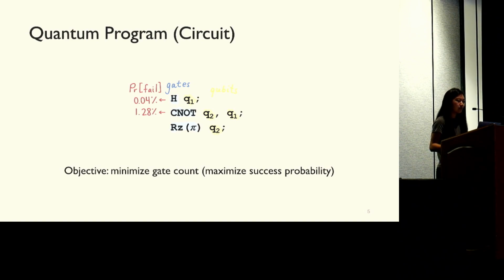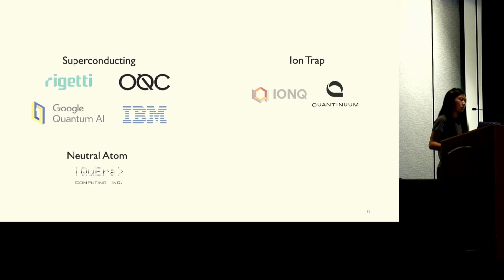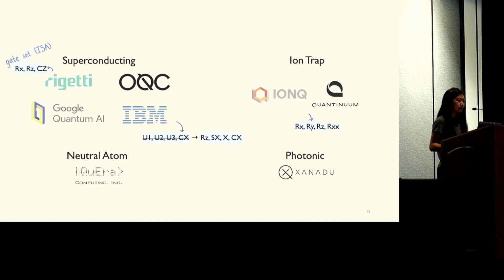That may seem fine, but the current state of affairs is that we have all these different types of hardware being developed. For example, we have superconducting computers, ones that trap ions for their qubits, others that use neutral atoms, and even ones that use photons. Each of these hardwares has its own gate set, or you can think of it as an ISA in the classical setting.